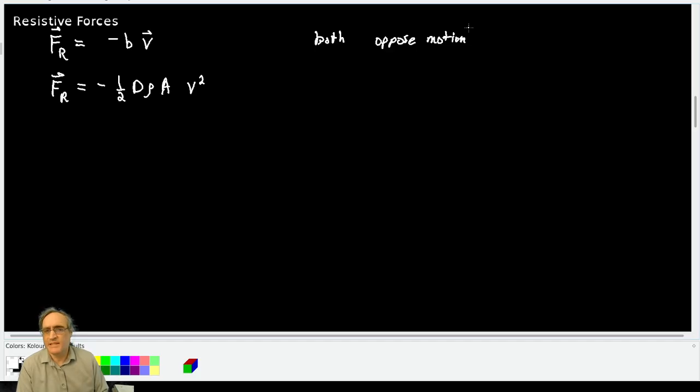These are both basically a kind of drag force. The first one is typically what you would see in something that would have a higher density medium and a smaller object, typically smaller and slower.